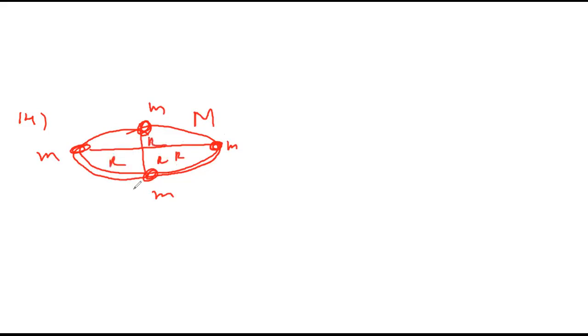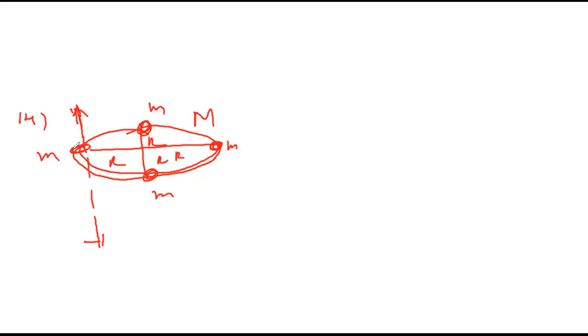Moment of inertia of the system about an axis passing through one of the particles and perpendicular to the plane. So this is the axis. Actually, I can see there are four particles and one disk.